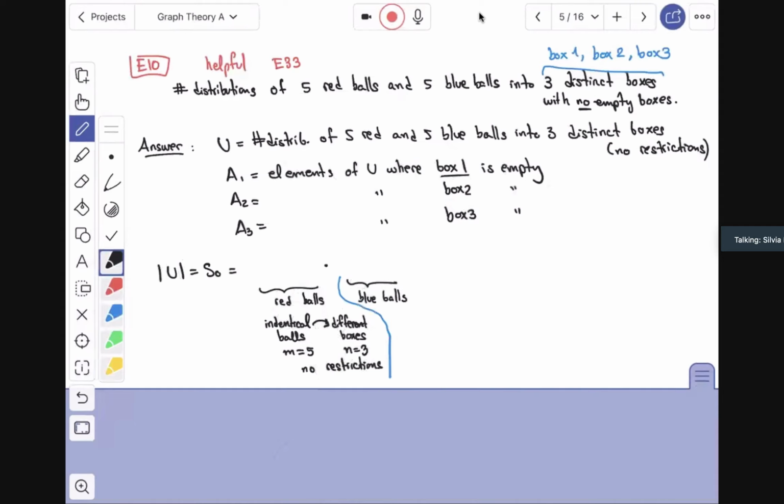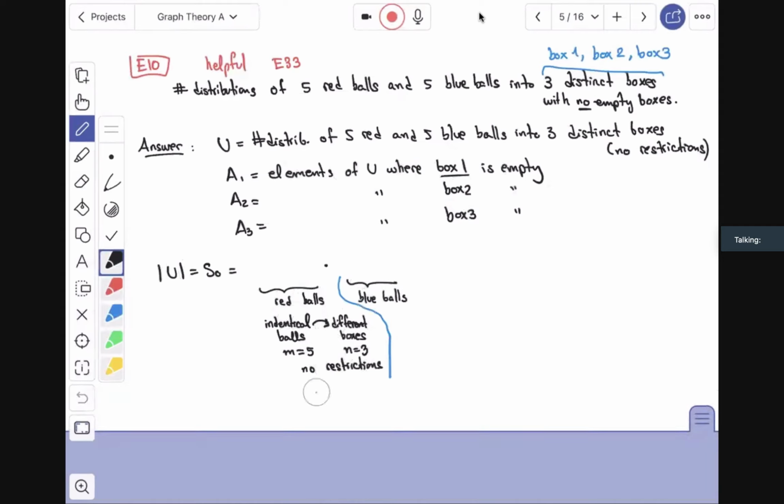This is n plus 2, choose 2, so in our case 5 plus 2, choose 2. That one goes here, and it also goes there because now you do it for the blue ones.